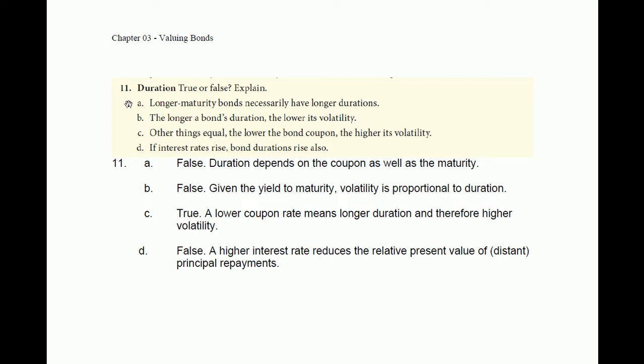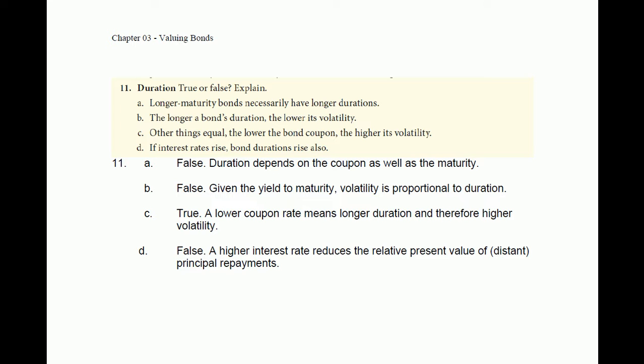Question 11. Duration. Question A. Longer maturity bonds necessarily have longer durations. The answer is false. We just show that the duration depends on the coupon as well as the maturity.